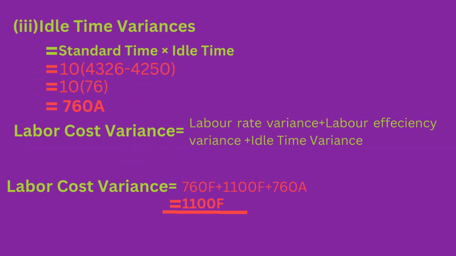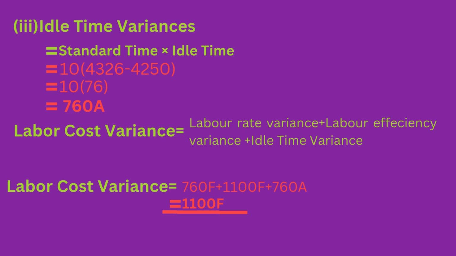The third one in labor cost variance is the idle time variance. Idle time variance is given by standard rate multiplied by idle time. In this one, we have the standard rate as 10 shillings per hour into our idle time, which is the difference between the time paid and the actual time worked.